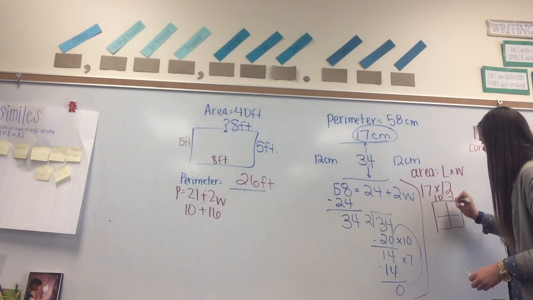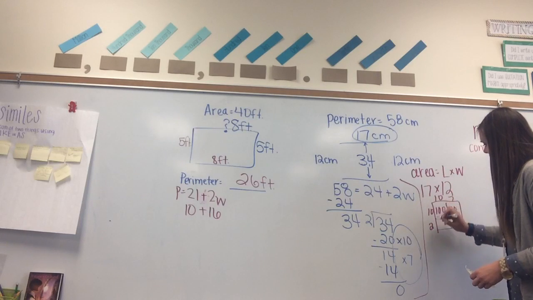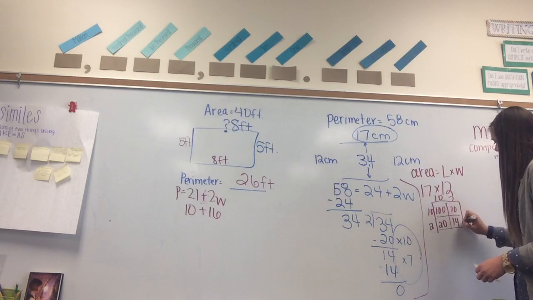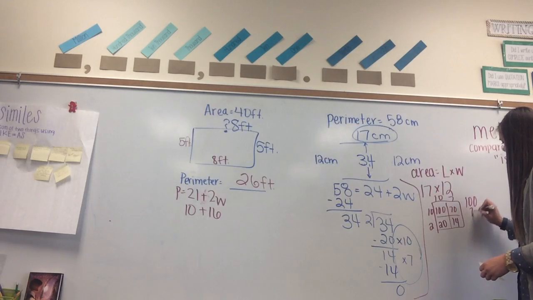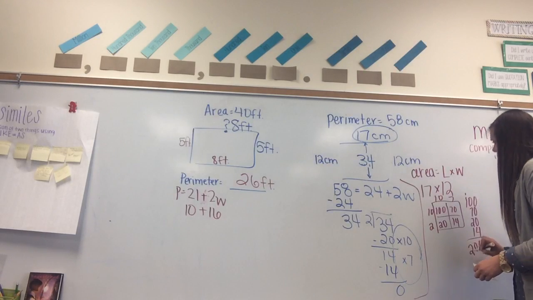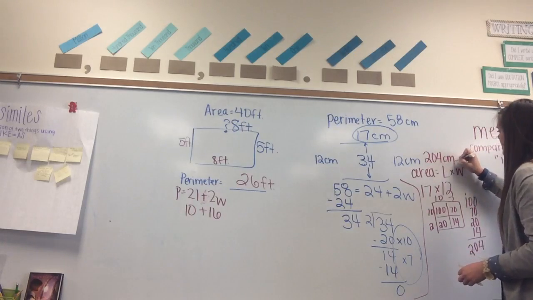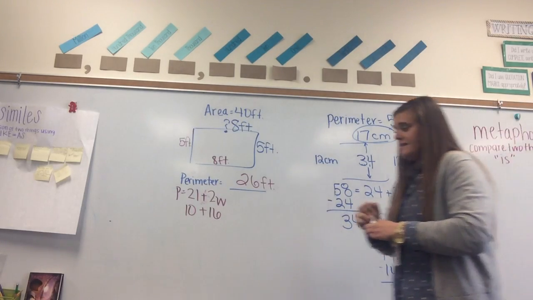So we have 10, 7, 10, 2, so this one's 100, 70, 20, and 14. And we can add all of those partial products together. So our area is 204 centimeters squared.